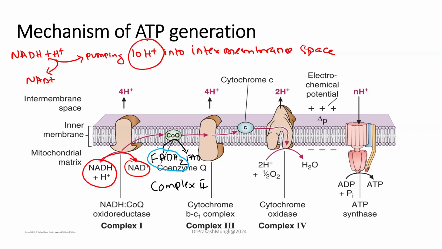That means it is pumping 4 protons, and the next complex acting as a pump is complex 4, which is pumping 2 protons. That means when your FADH2 is oxidized to FAD, not FAD plus, it helps in pumping how many protons now? 6 protons into the intermembrane space.